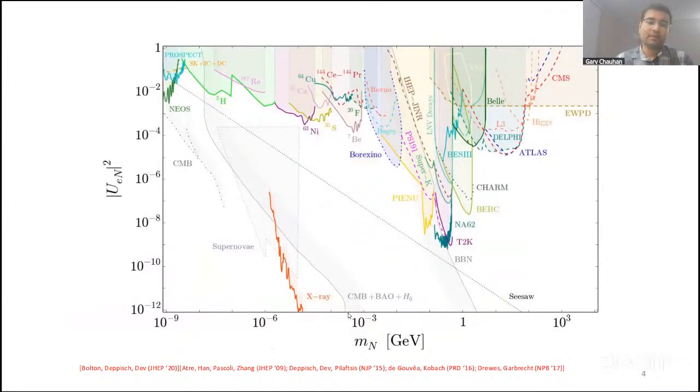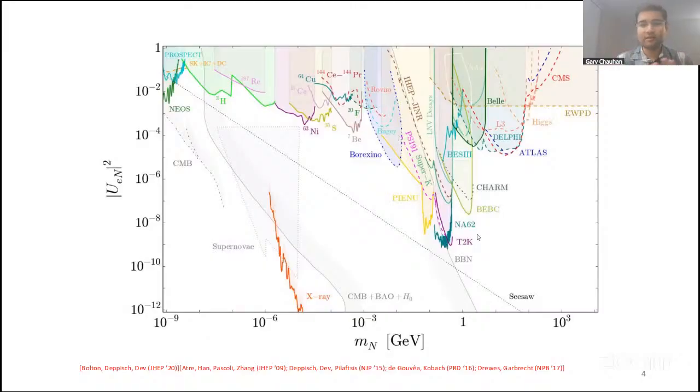this shows the constraints on the electron coupling of the sterile state on the y-axis, and on the x-axis the mass of the sterile state. For the electron coupling type, there are many different experiments: meson decay experiments, beam dump experiments, beta decay experiments, BBN constraints, other supernova constraints, and X-ray constraints assuming the sterile neutrino is dark matter.